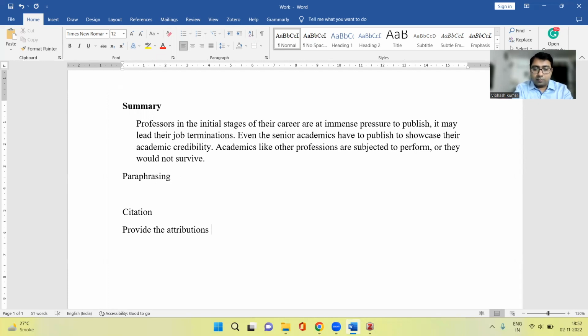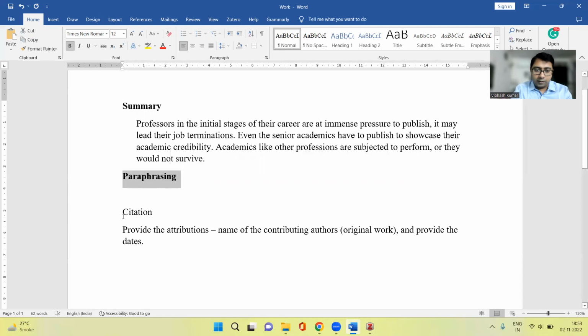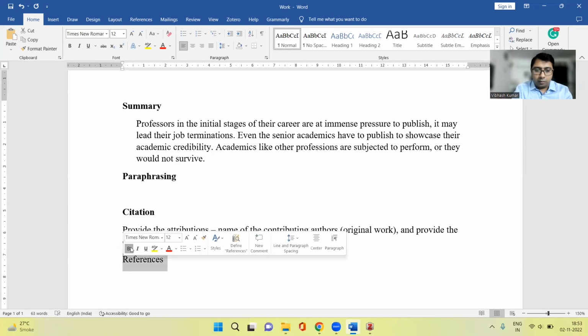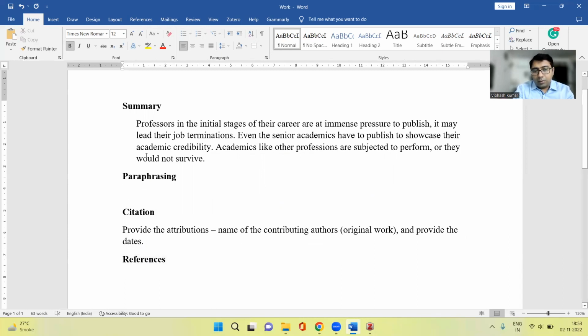That means the names of the contributing authors of the original work, and it provides the dates as well, so when the work was published. So this is citation. This is part one of providing evidence, part two of providing evidence, and the third part could be references. But all the things go hand in hand.